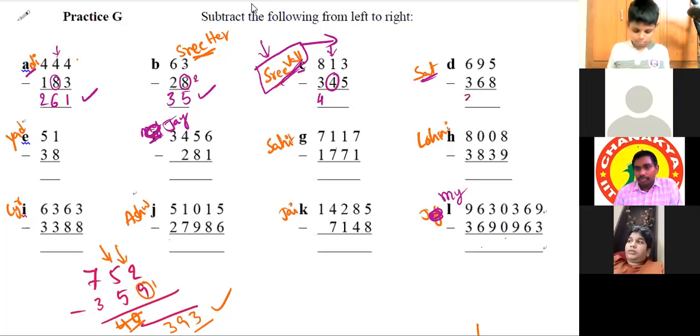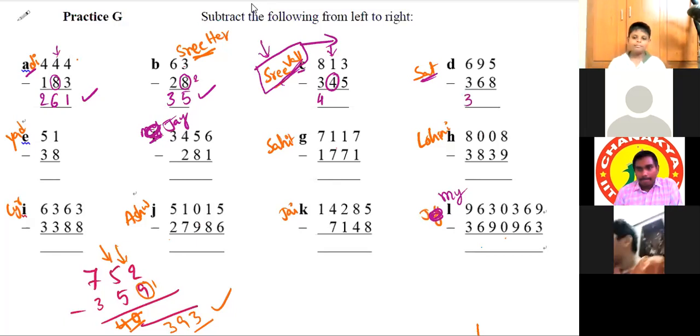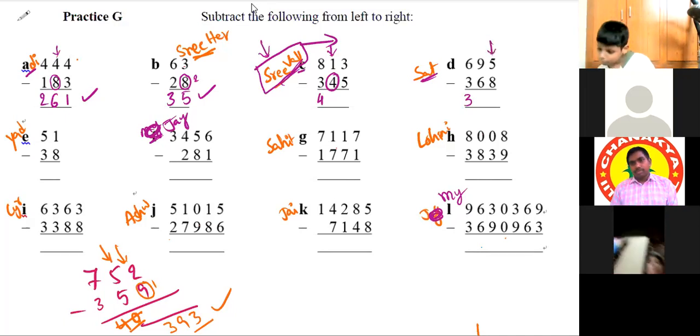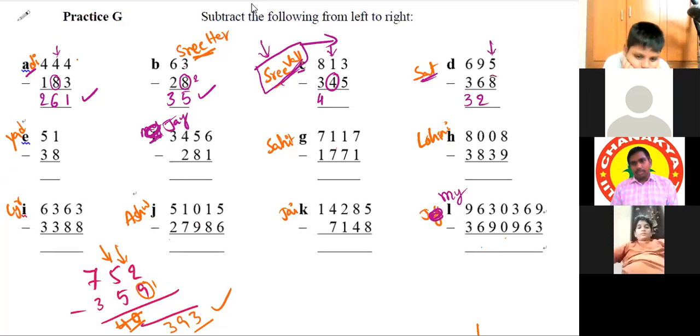And 9 minus 6 is a match, so 3 will remain as 3 only. Next, 9 minus 6 is 3, but the next number is a mismatch, so 3 will become 2. And 8's complement pair is 2, so we'll add 2 to 5. So it will become 7.